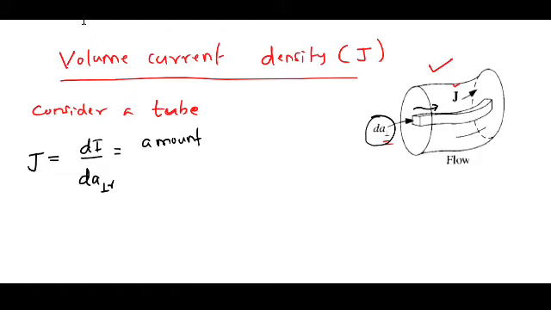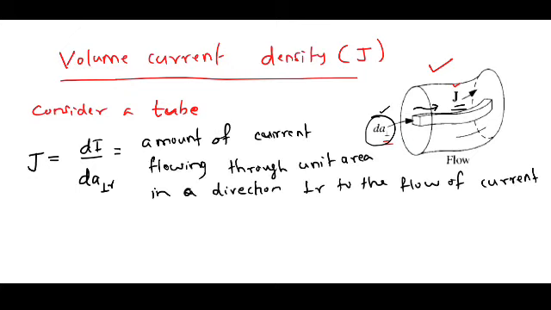This area is perpendicular to the direction of the current. This J can be defined as the amount of current flowing through unit area perpendicular to the flow of current. Here also we define the current di as the rate of flow of charge, dq by dt.